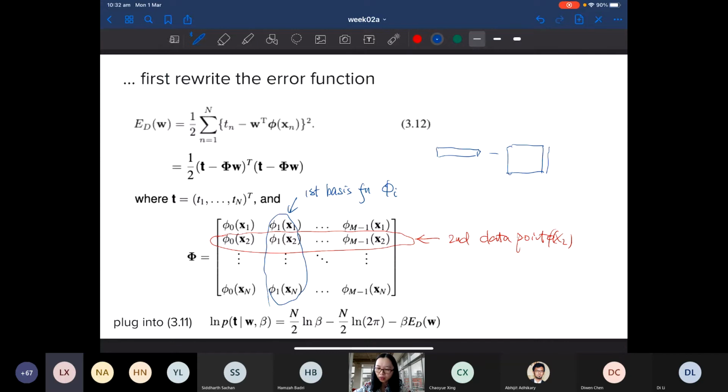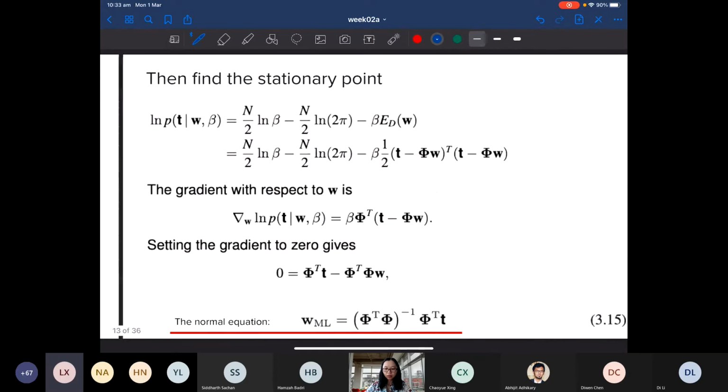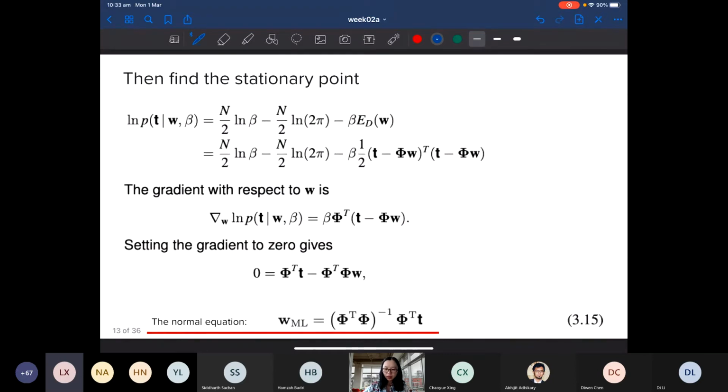And that transposed is another row vector. So basically this term is a row vector, the second term is a column vector, and the inner product of it comes back to a number. So if we plug this matrix expression into the log likelihood term, we essentially get this last term.